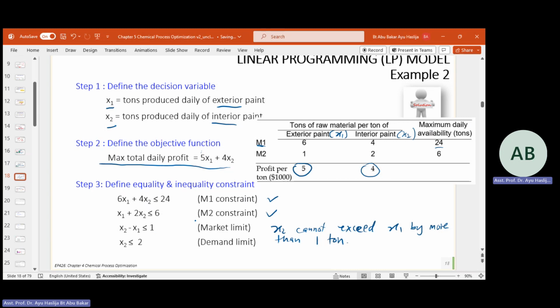Okay, that's how you get this equation. The market limit.